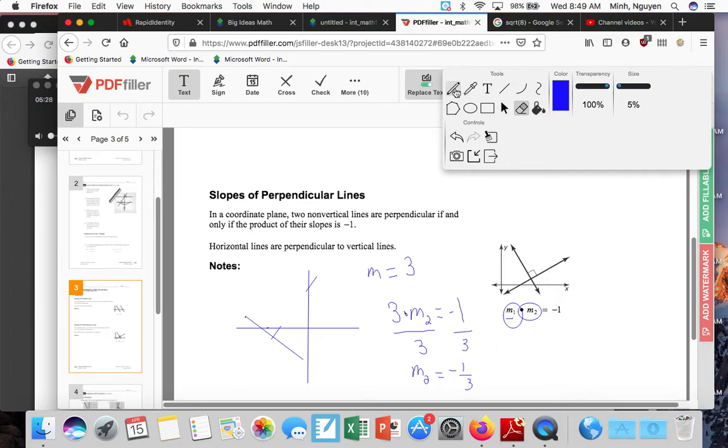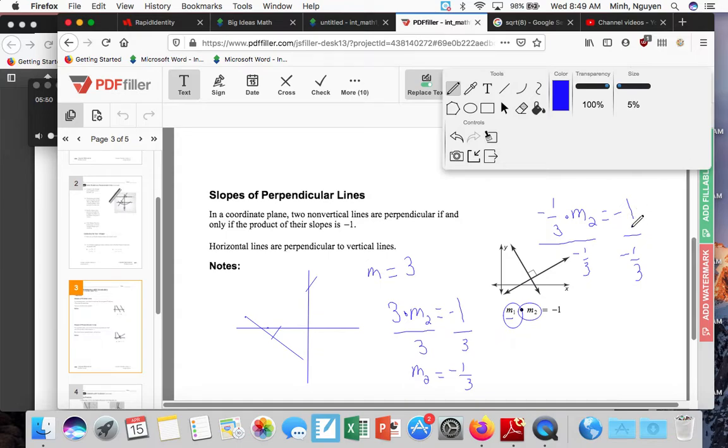Maybe some of you are just terrible at fractions. You're like, okay, well, -1/3 times second slope equals -1. Okay, and we divide by -1/3. If you are not good at this, with your fractions, then just use a calculator.